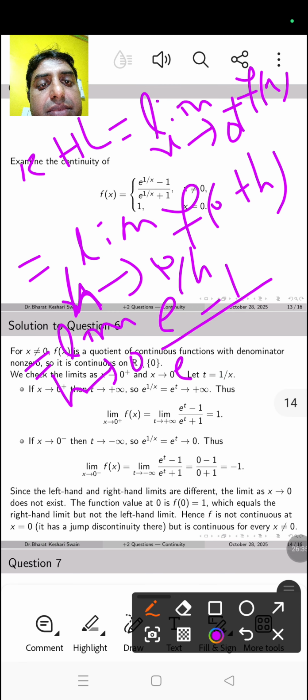Is not it? e to the power 1 by h minus 1, e to the power 1 by h plus 1.